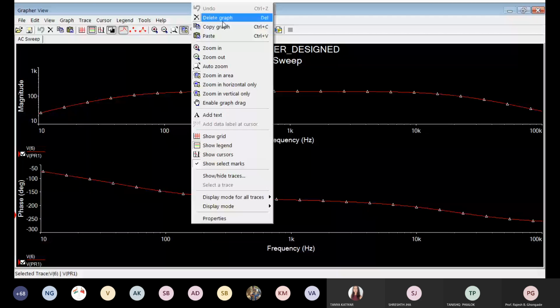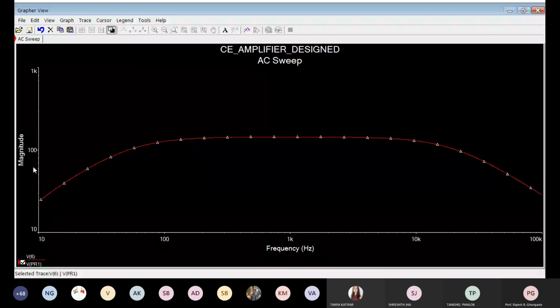We are not interested at this point in the phase response, only the magnitude frequency response. So is this visible to all of you? Yes, sir. So it looks very similar to our calculated frequency response.